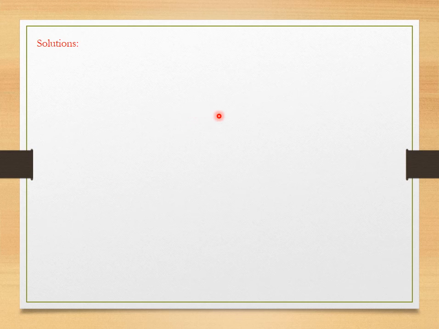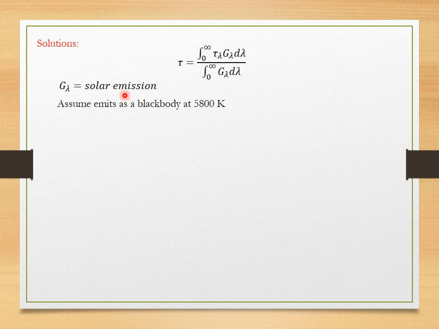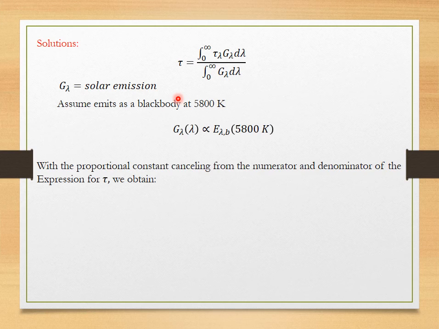Okay guys, this is the general equation related to transmissivity, which is G equal to the solar emission, and we make the assumption that it emits as a black body with a temperature of 5800 Kelvin.